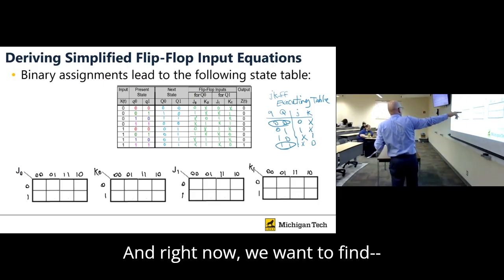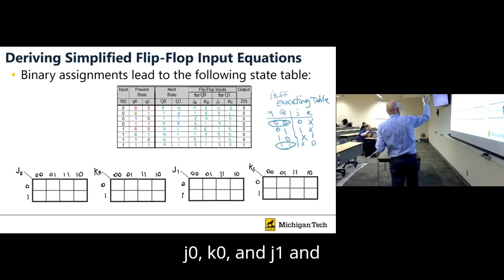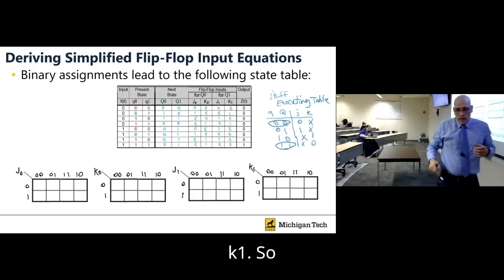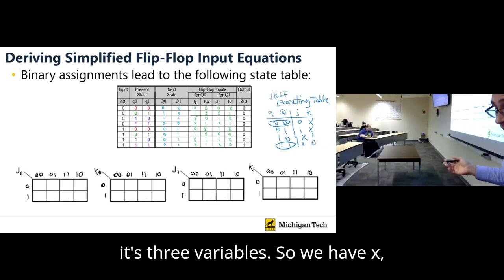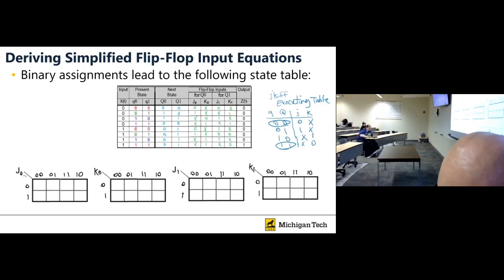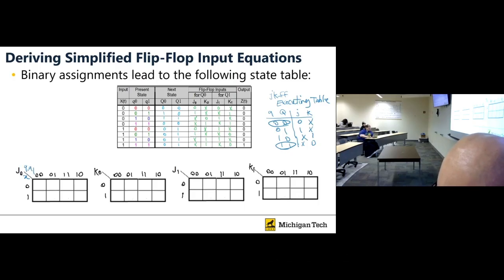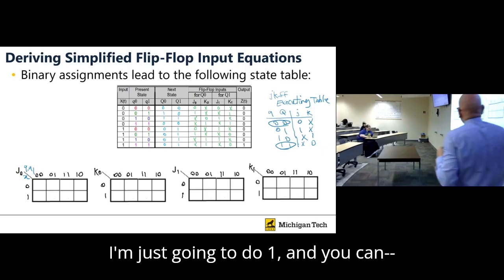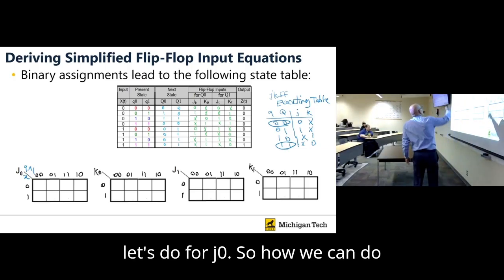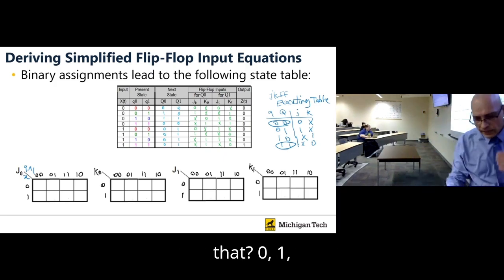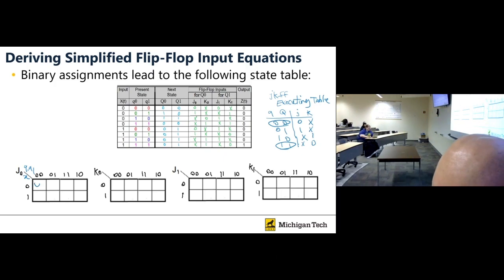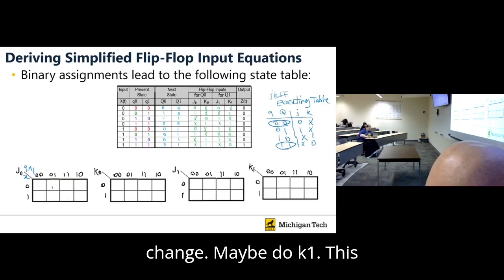And right now we want to find J0, K0, and J1 and K1. So it's 3 variables: X, Q0, and Q1 for all of them. I'm just going to do one, and you can do J0. Let's do K1 maybe.